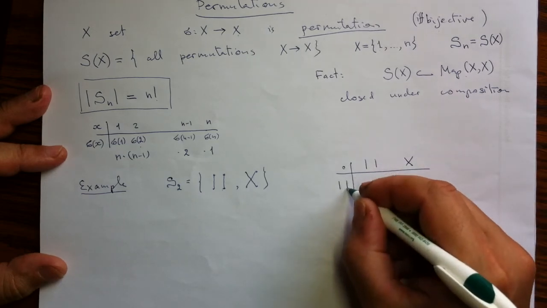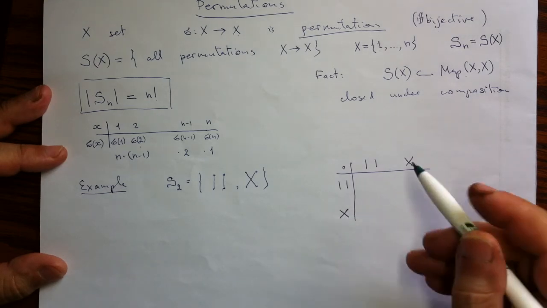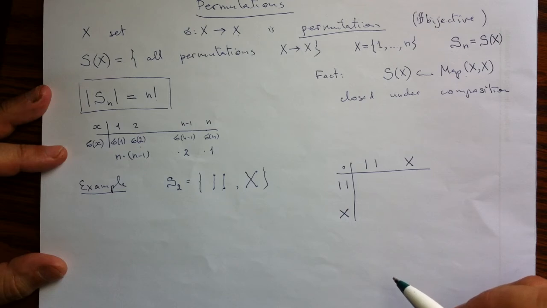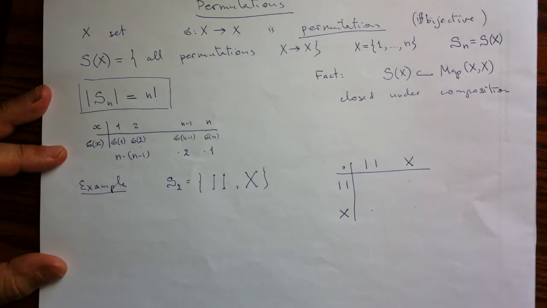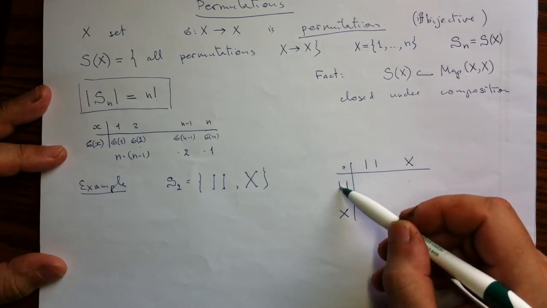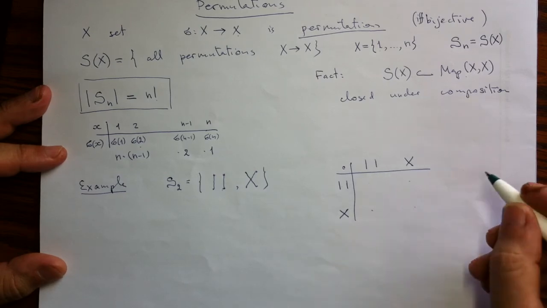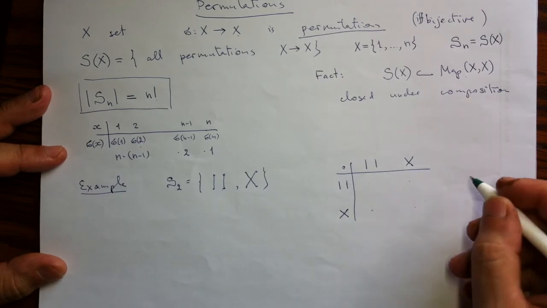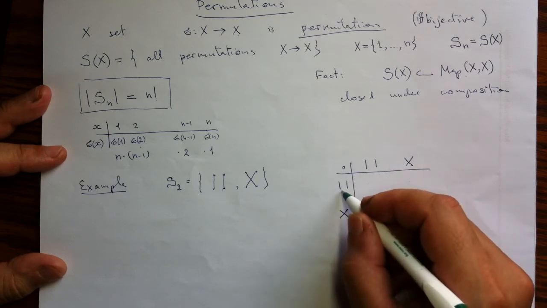I'll just put all possible permutations as labels of my columns and rows, and then in each position I'll just record the composition of, say, this following that. So in the picture here I will have to start with this map and then follow with this.